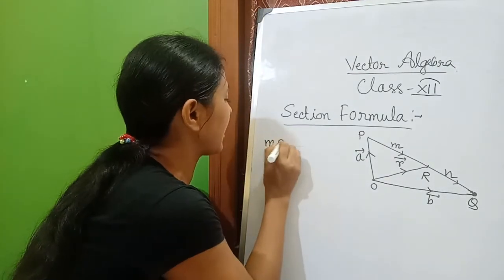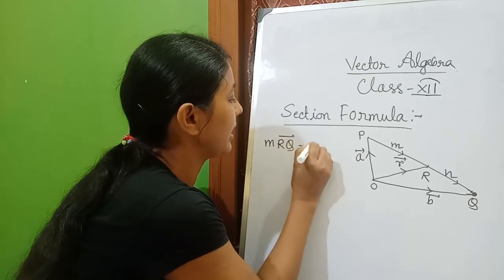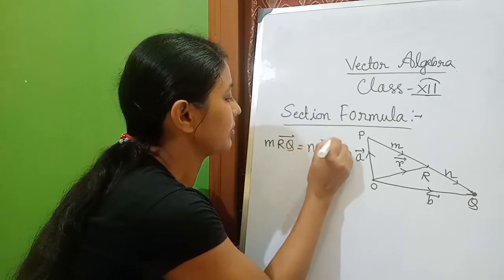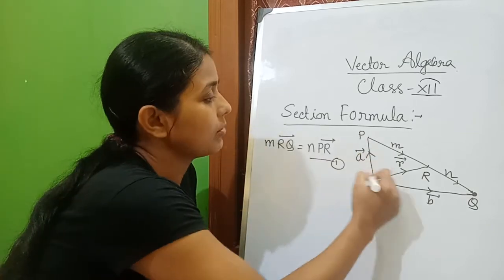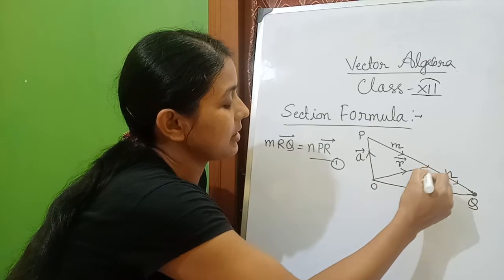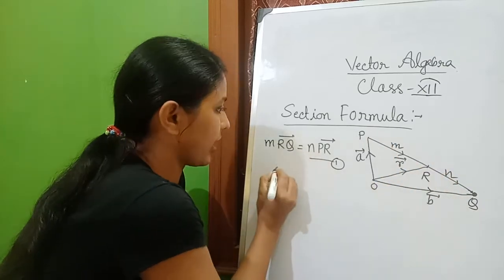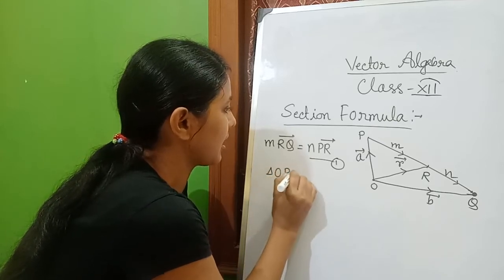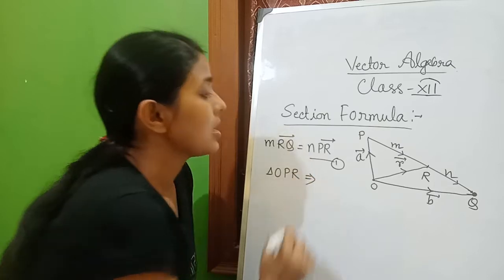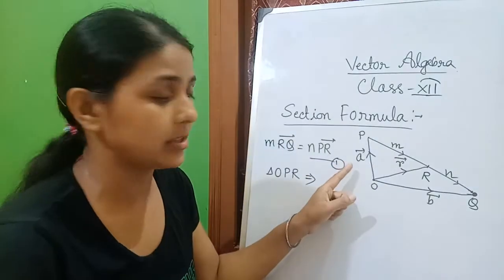Still, I'm writing it once over here: M RQ vector equals N PR vector, and this was number 1. Now I'm taking this particular triangle first, triangle OPR, and using the triangle law of vector addition.